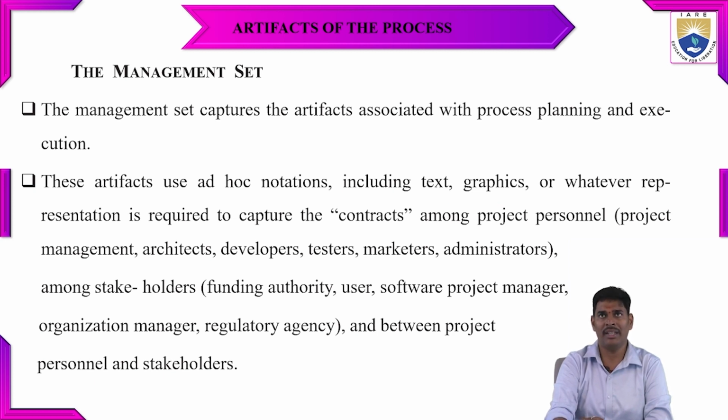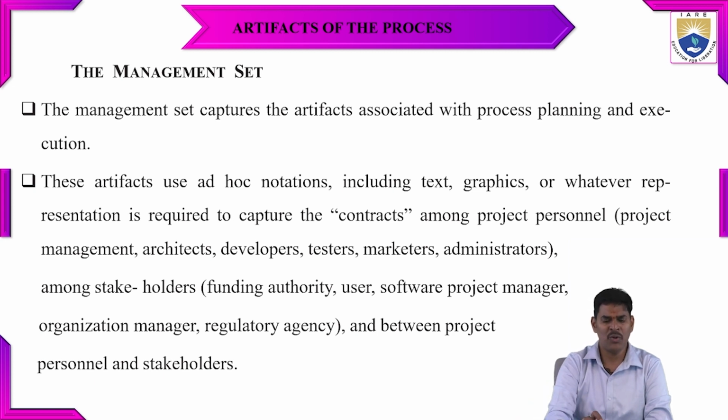So we can take the various notations here to capture that, and we have to capture the contracts among the project personnel. The project personnel, in the sense, we need to check the project management, the architecture, developers, testers, marketers, and administrators. These are the various project personnel.